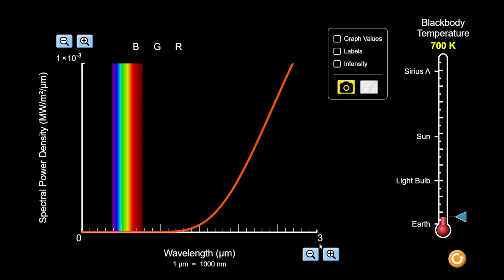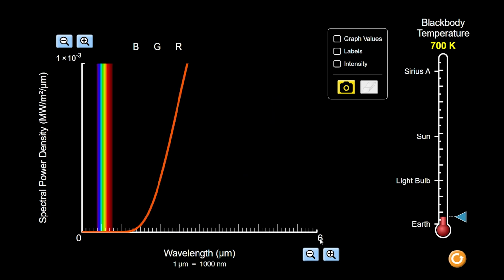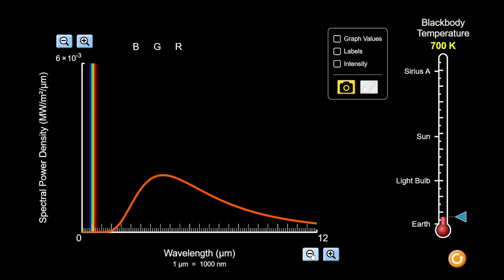So this is 3 micrometers in wavelength. Now it's 6. And let's see, I think I've zoomed in a little bit too much on my y-axis. So I'm going to keep zooming out on the x-axis. There we go.